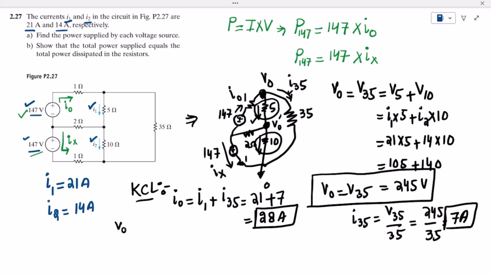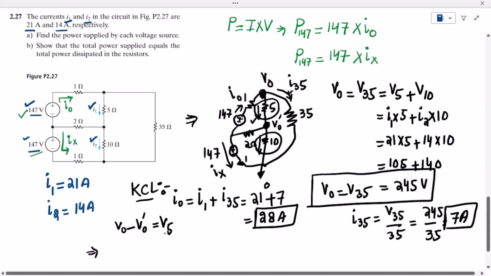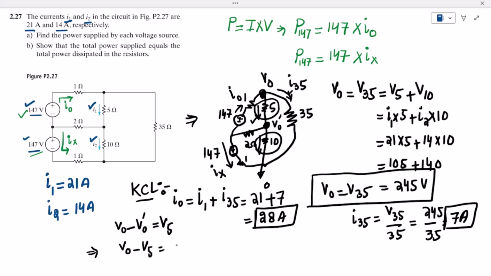So the voltage applied minus the voltage remaining is equal to the voltage consumed. This V5 is already known. In order to find the value of V0 prime, it will be V0 minus V5 is equal to V0 prime. Putting in values, V0 is already known, that is 245.